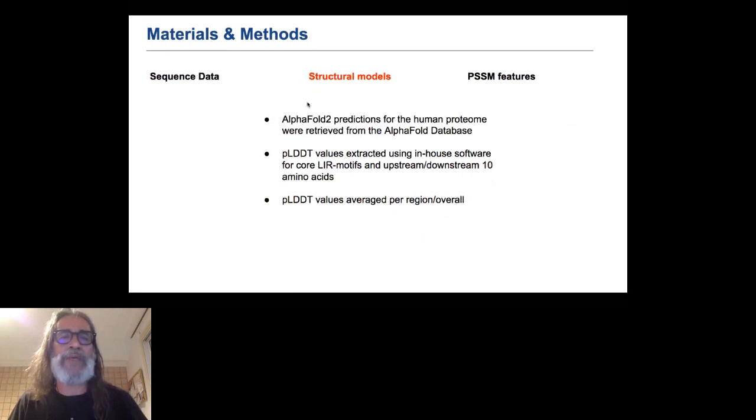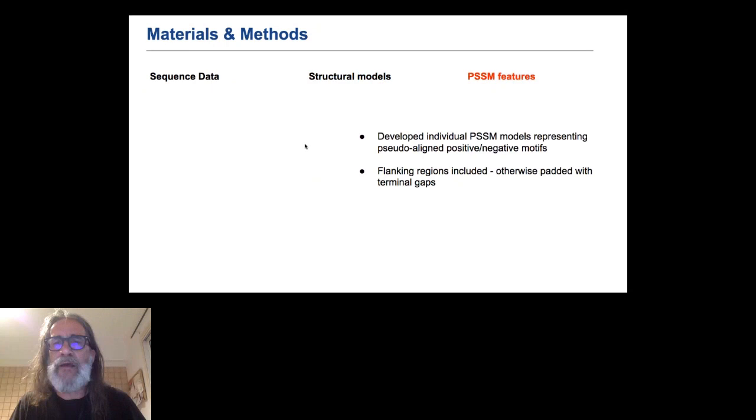Following that, we extracted information from AlphaFold predictions available in the AlphaFold database for the human proteome, and extracted pLDDT values both for the core motif as well as for the flanking regions surrounding the motif. In addition, we have a very well-balanced dataset of positive and negative motifs.